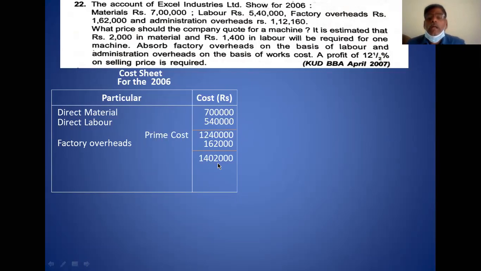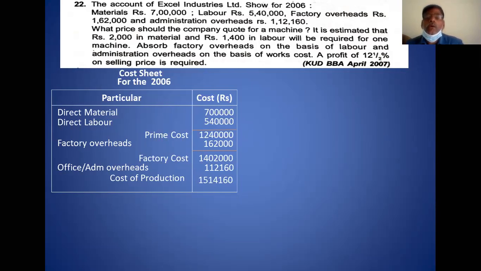Then 14,02,000 is the factory cost. Then take office and administration overhead, 1,12,160. Then take the total. The total is called the cost of production. This is the basic information.